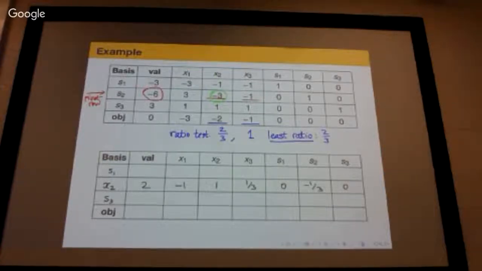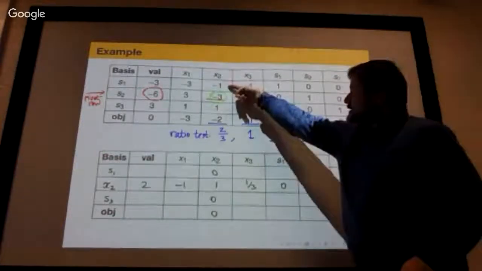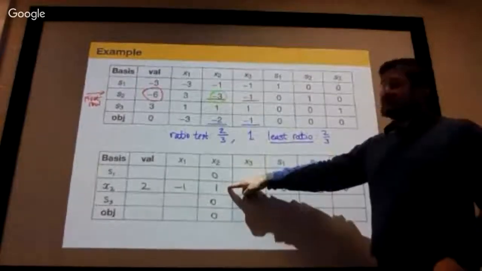And now, of course, the goal is to get zeros in the x2 column by a suitable row reduction like this. So how do I get it? Well, got minus 1, I just add this one to get 0.